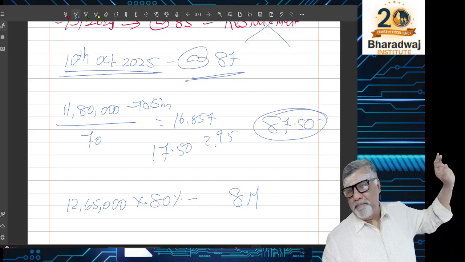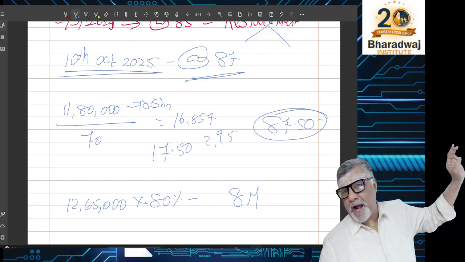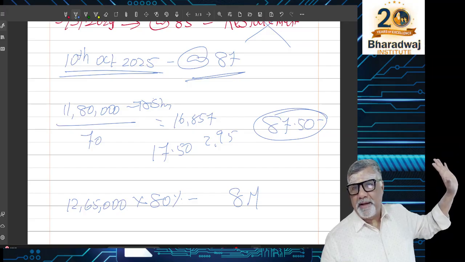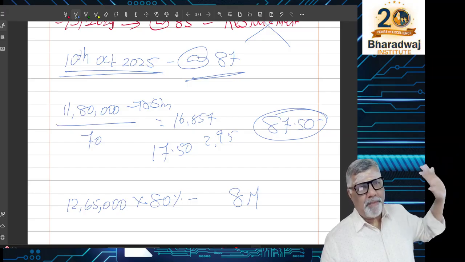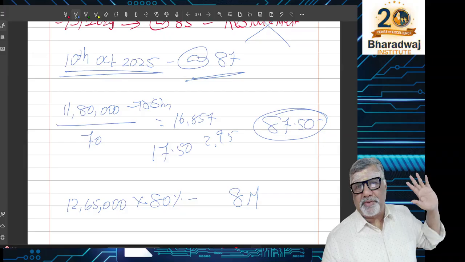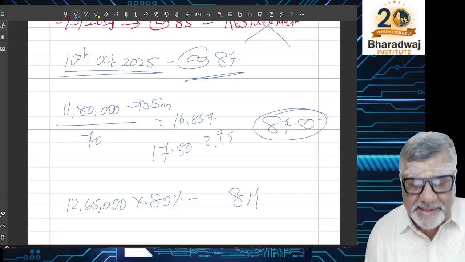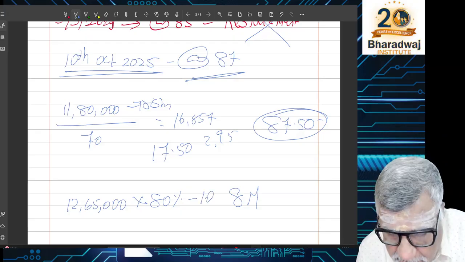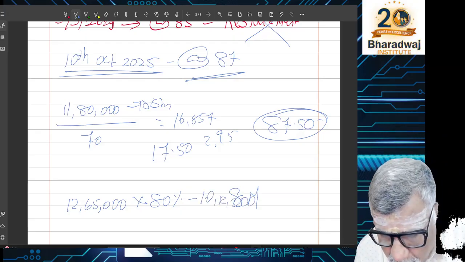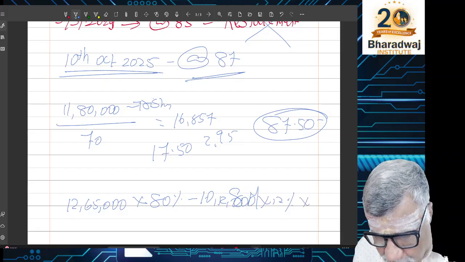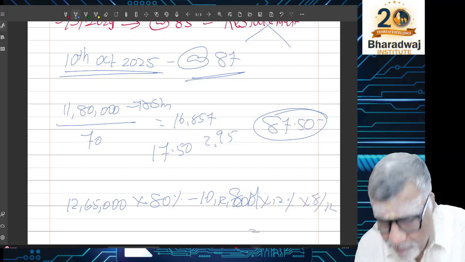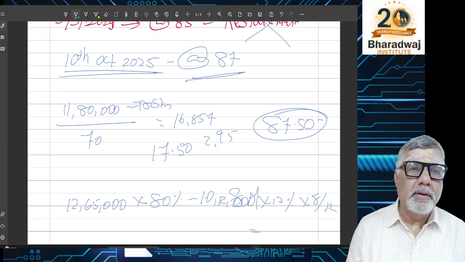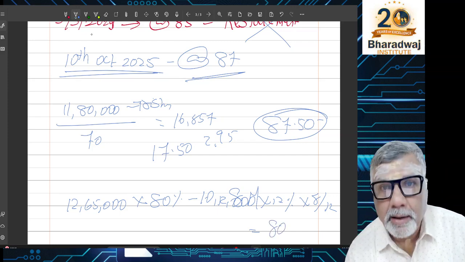The supplier demanded advance 8 months before supply, so I have taken a bank loan for 80% of the value. So 1265 into 80% comes to 10,12,000, into 12% into 8 by 12, which is 80,960.